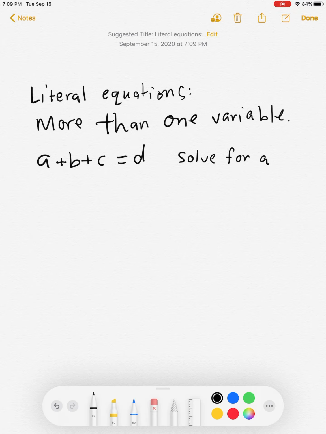Now, keep in mind that all of the rules that we already know still apply. I'm going to write that in red because it's very important.